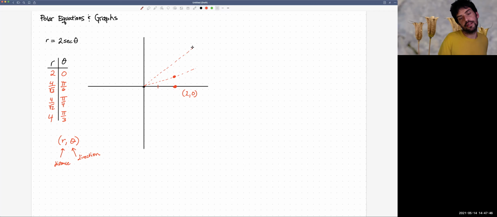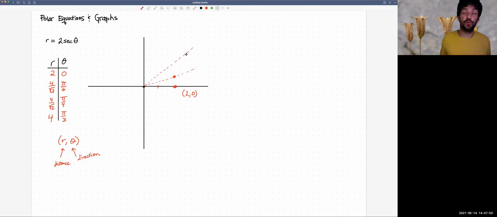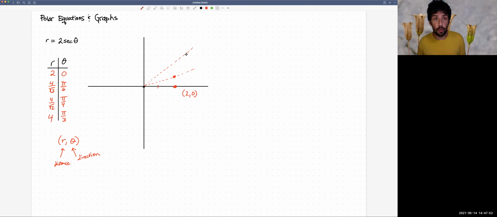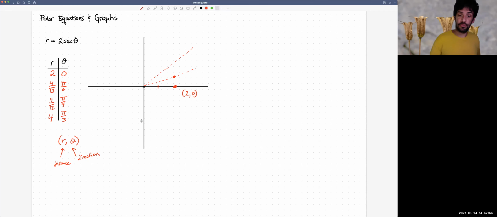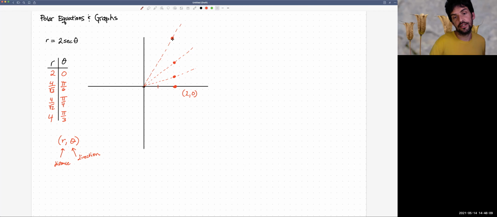In the pi over 4 direction, so that's more like this, we get 4 over root 2. So that's 4 divided by about 1.4. So that's almost 3 units along this line. And I'm just eyeballing things here. And then in the pi over 3 direction, something like that, we go 4 units along this line. Okay, so I'm eyeballing it.